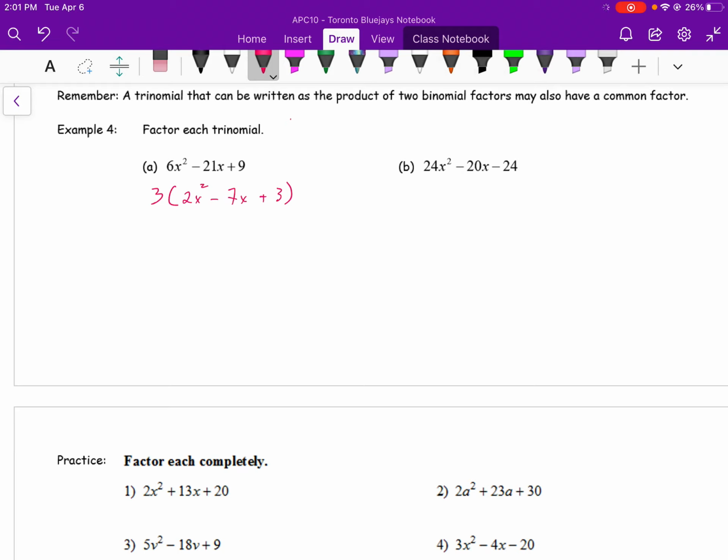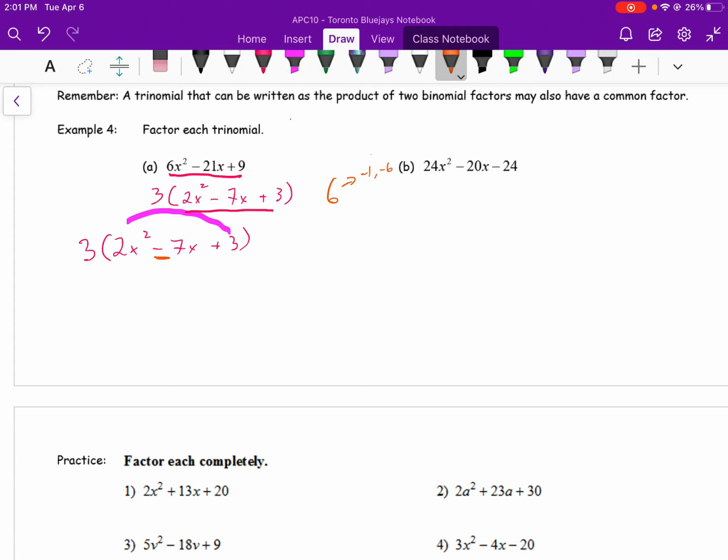And in fact, this is my favorite form, and I can factor this. Now, instead of factoring something large and gross like this, now this is kind of cute, isn't it? Because 3 times 2x squared minus 7x plus 3, I can ask myself, what numbers multiply to 6 but add to negative 7?